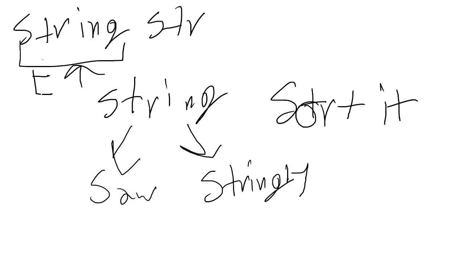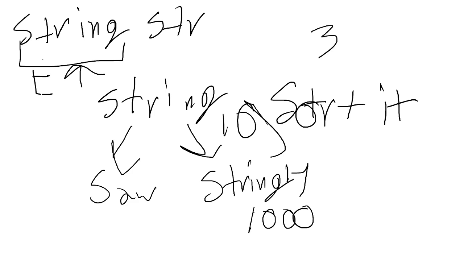And we know stringle is a very popular word. This has a frequency of 1,000. This one has a frequency of 10. So what you're going to be doing in your vector is swapping. Just swap these. It runs in constant time because we know our vector is only going to contain 3 entries, with the highest frequencies, from greatest to lowest.